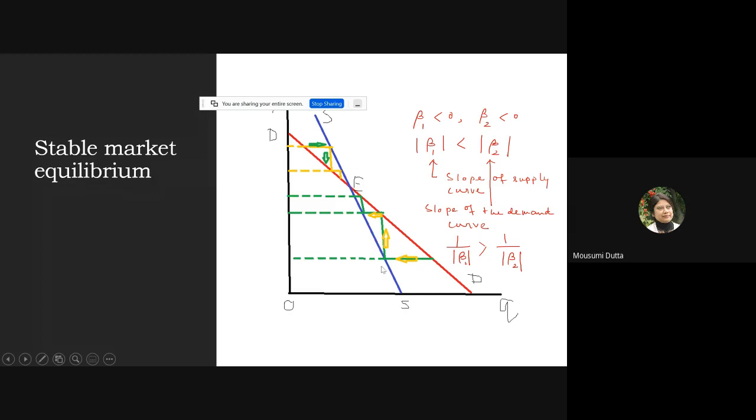Now, if this is the condition, look at this diagram. If I start with this particular price, there is an excess demand. If there is an excess demand, price will go up. There is an excess demand, meaning the supply is at this point.